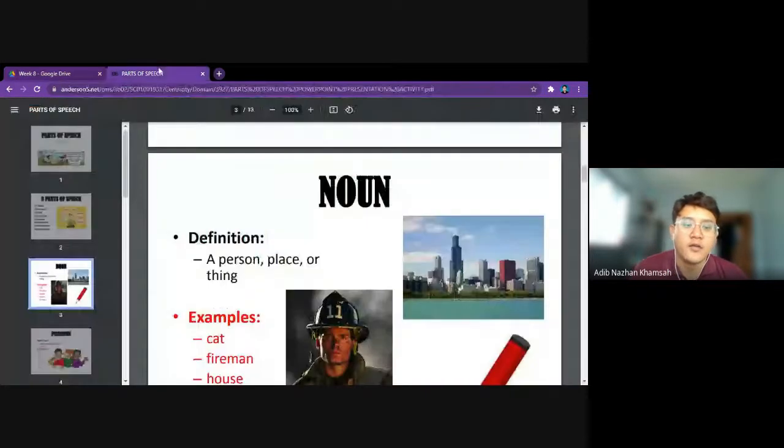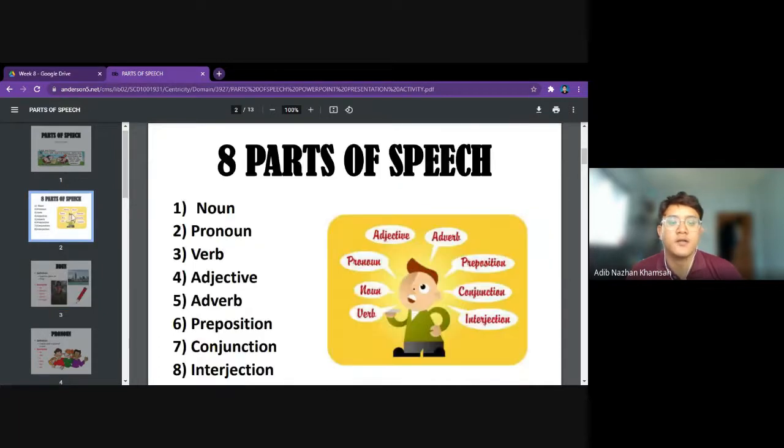And then after that, we will see the parts of speech. There are 8 parts of speech in English. What are the parts of speech? Number 1, noun, kata nama. Pronoun, kata ganti nama diri. Verb, kata kerja.